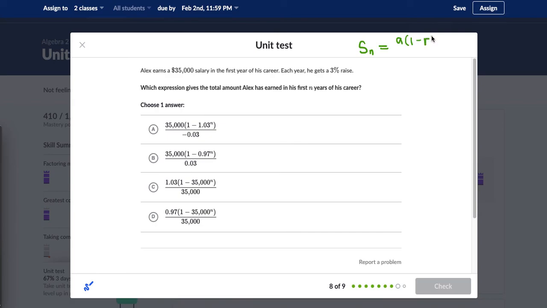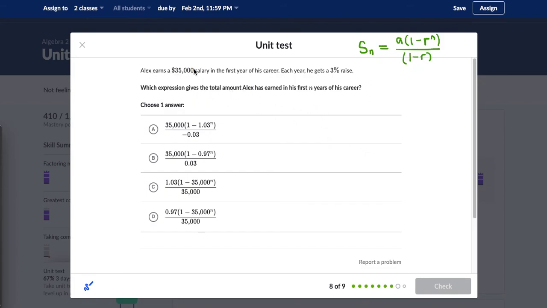The rate of change to the power of whatever the term is, divided by 1 minus that rate, okay? So this is our formula for calculating it. And if you want to learn more about how that actually works, there's plenty of resources on Khan Academy for that. Okay, so this is our formula, this is how it works.